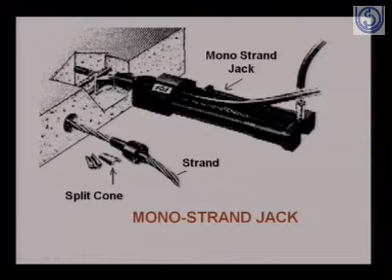These are devices which are used to hold the strand at its end, because otherwise, you see here the duct or the hole, this strand has to be stopped or fixed here by these split cones and other mechanisms. So this is the monostrand jack, which is used to provide the stresses in the structural members.